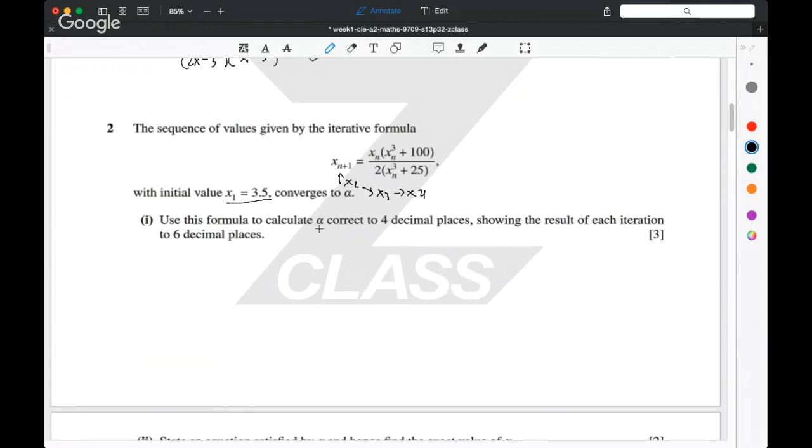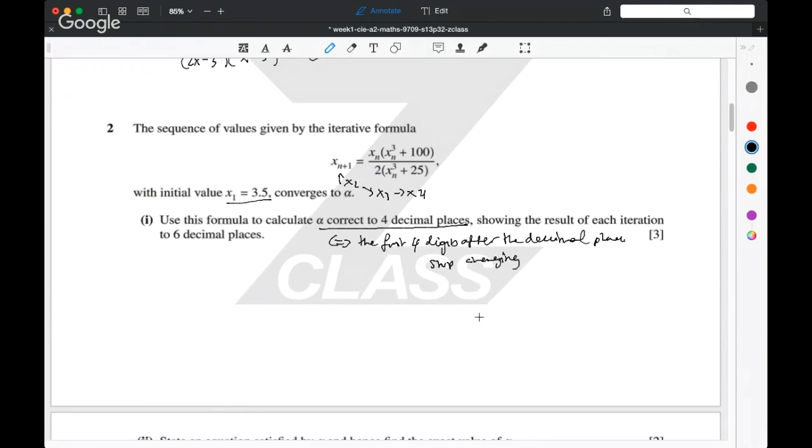And they want you to get alpha correct to 4 decimal places, which is the same thing as when the first 4 digits after the decimal place stop changing.